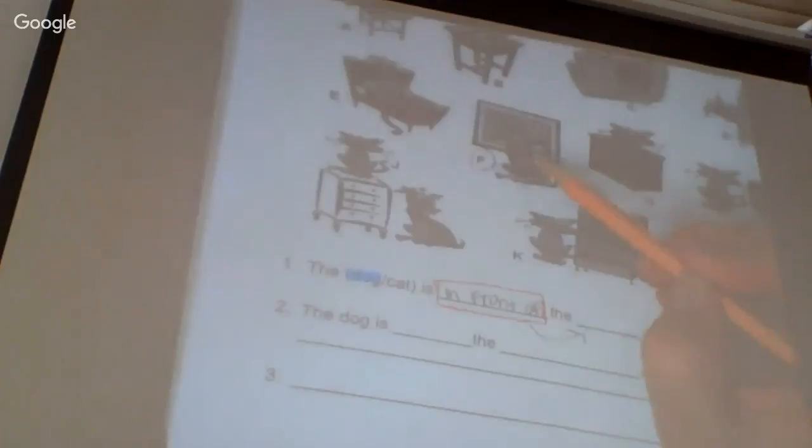Okay, then I need to complete the sentence. The dog is in front of. In this line, be where the dog is in front of or what the dog is in front of. So I look back at the picture that I chose, F. What is the dog in front of? The dog is in front of the picture.